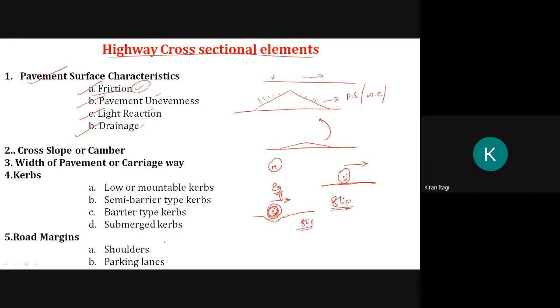Then what do you mean by skid? This is your road and this is your vehicle. Here there will be no rotational movement. Your wheel will not be rotating, but your vehicle will move in a forward direction. This is called a skid.